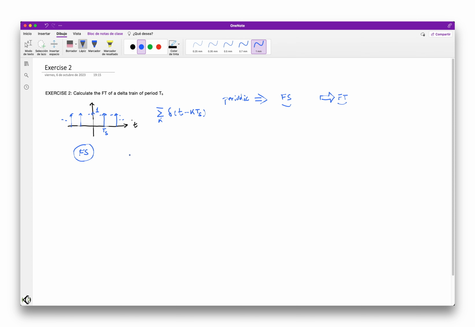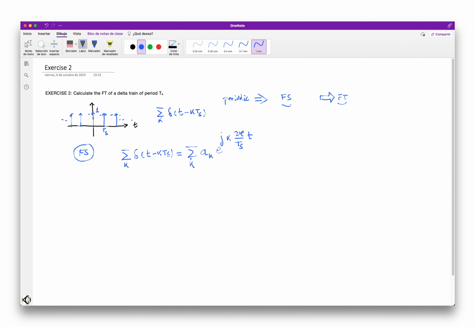The delta train can be analytically expressed as another summation over the index k, or i, or whatever you want, of a series of coefficients that we call a sub k, times the exponential e to the j k 2 pi divided by t s, where t s is the period of the signal, times t.